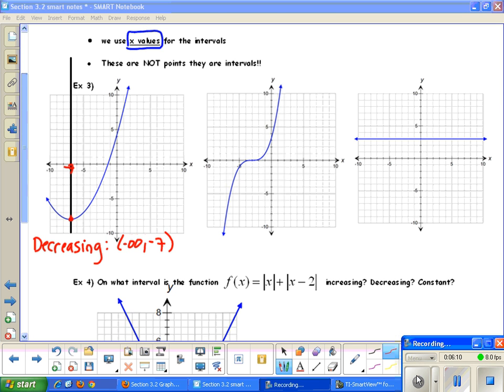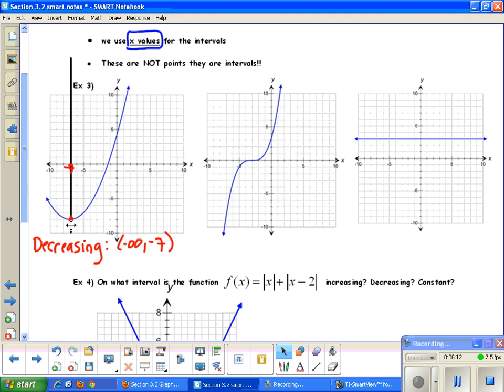Then the next part of this graph, if we keep on going from that value on, notice that as your x values are increasing, your y values are increasing. So then I would write increasing on the interval from negative 7 to positive infinity. And again, we're not including negative 7 because that's the value at which your graph is changing from decreasing to increasing.